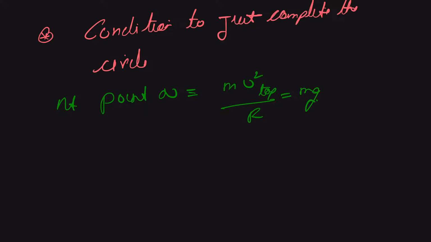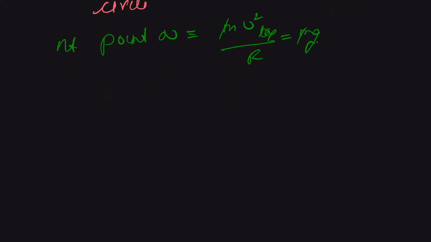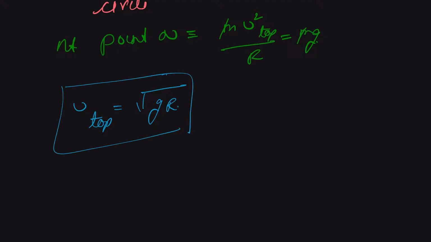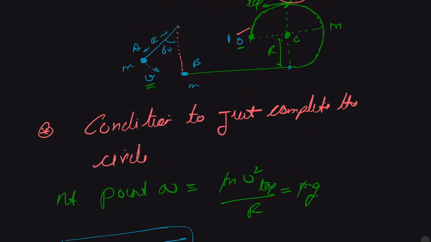Therefore, m cancels out, and the velocity at the top will be equal to the square root of gr.